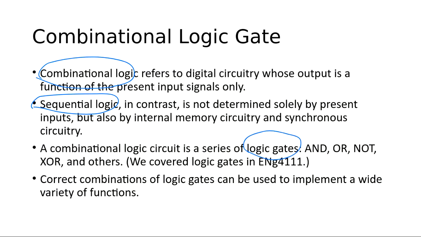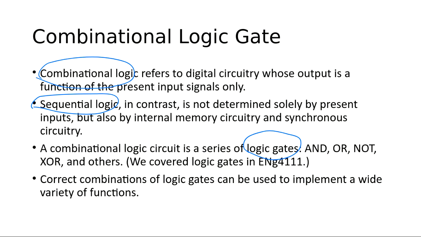If you remember, you studied with me transistors, diodes, and other electronic components in the previous term in ENG 4215 and 4237. One application of the transistor is logic gates. It means that logic gates are actually made of transistors, and diodes also play a role in that.